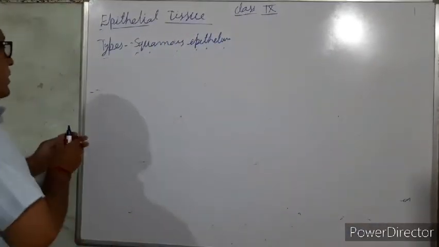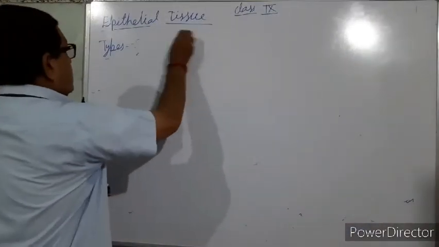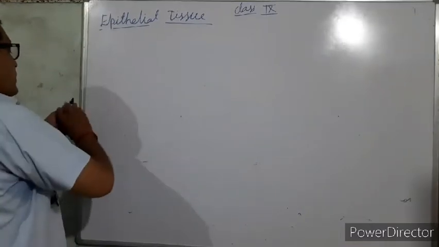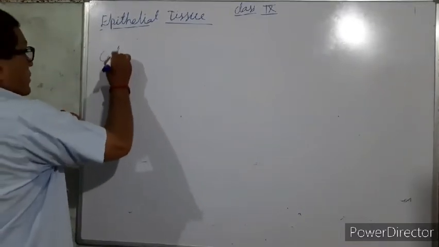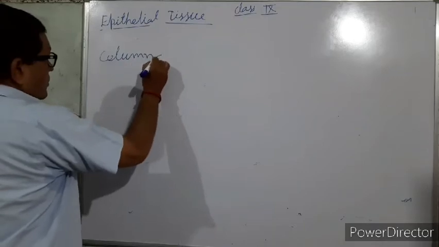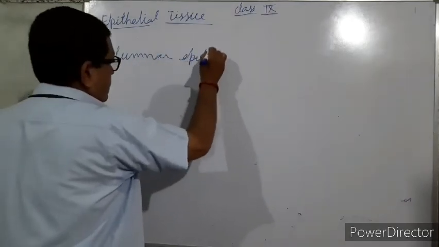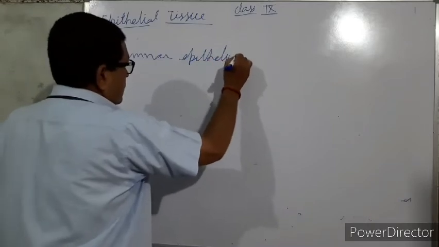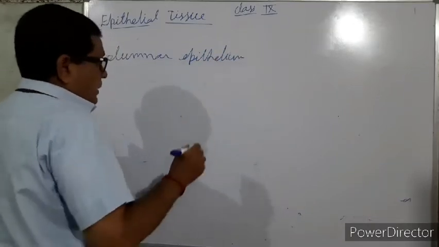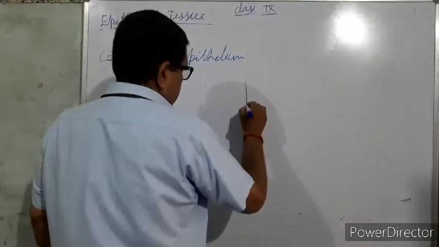Next one, columnar epithelium. The cells are pillar-like.